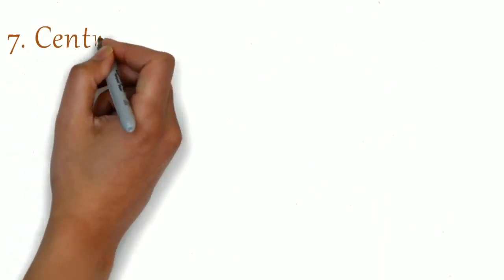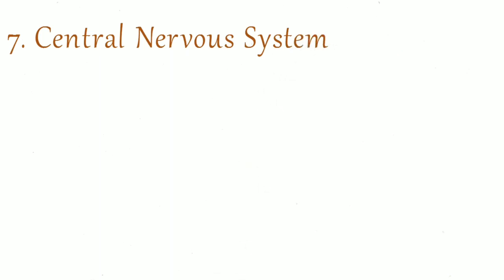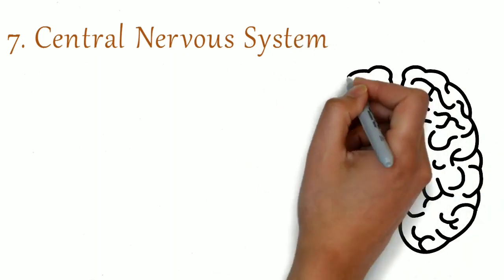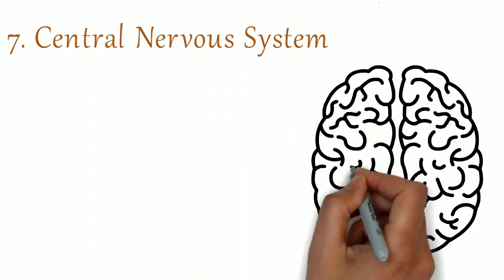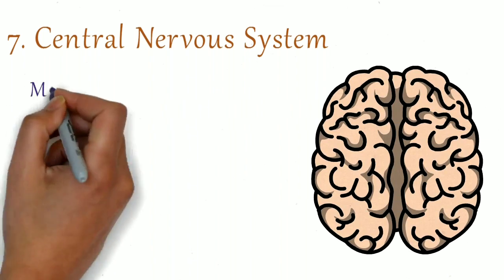The seventh one is the central nervous system. In the central nervous system, we will see the action of anticholinergics. There are mainly two conditions we must see in this: motion sickness and mountain sickness. Firstly, motion sickness. What is motion sickness?